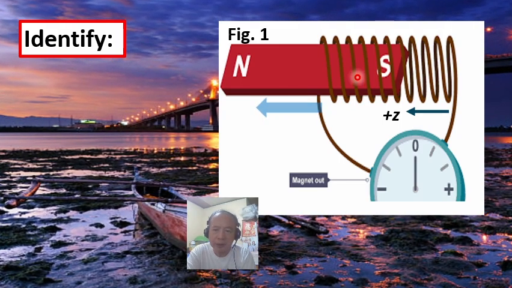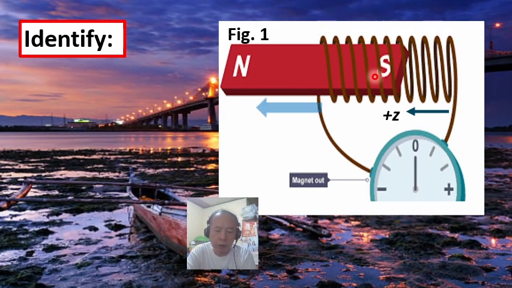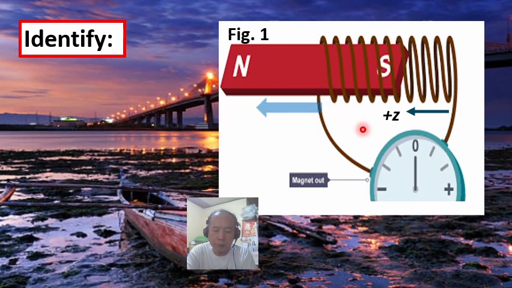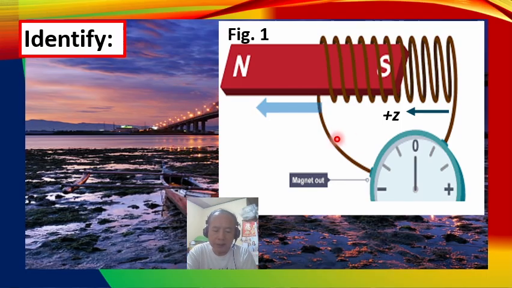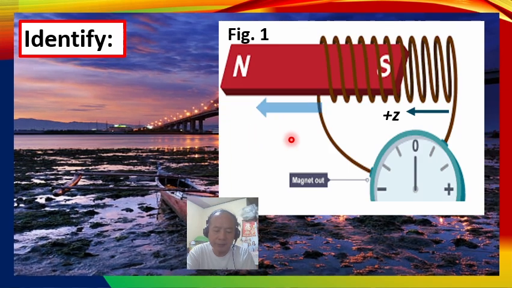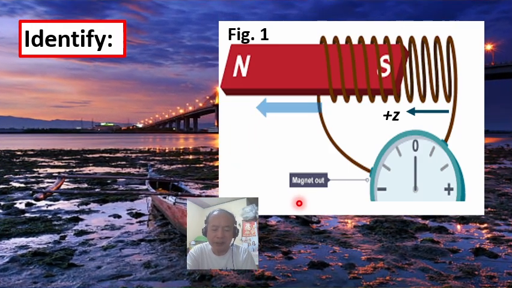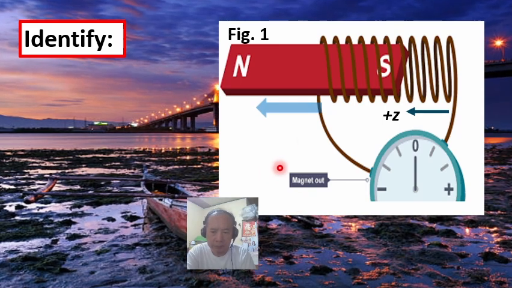As the south pole of the bar magnet is withdrawn away from the coil of wire, its magnetic flux decreases with respect to the stationary coil.